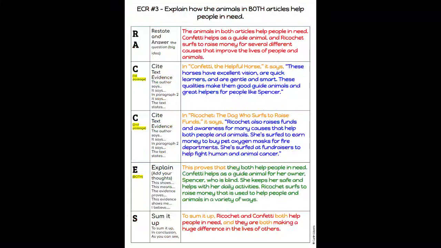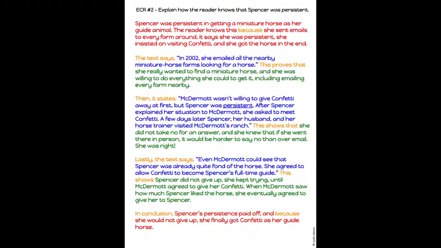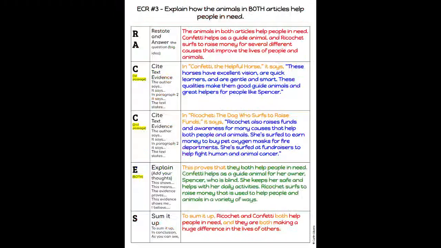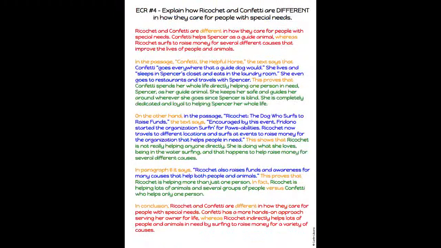Some of these other ones are more detailed. This is a different planner that I created to do a question where you're asking about a similarity with a paired passage. So for this one, I showed you that, and some of them I filled out in the planners, and some of them I just wrote as an essay. So you can kind of see both.